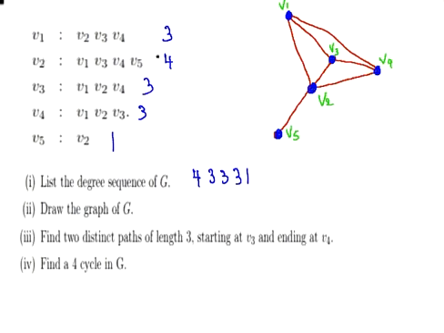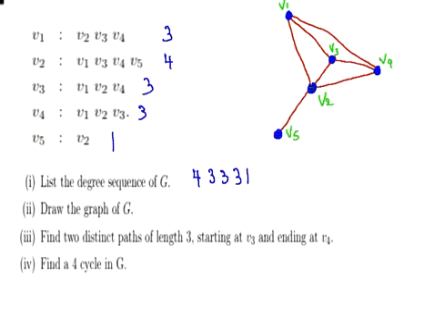Vertex 2 is connected to all 4 of the other vertices, V1, V3, V4 and V5. Vertex 3 is connected to V1, V2, and V4. Likewise, vertex 4 is connected to V1, V3, and V2. And V5 on its own is connected to vertex 2 only, so it has degree 1.